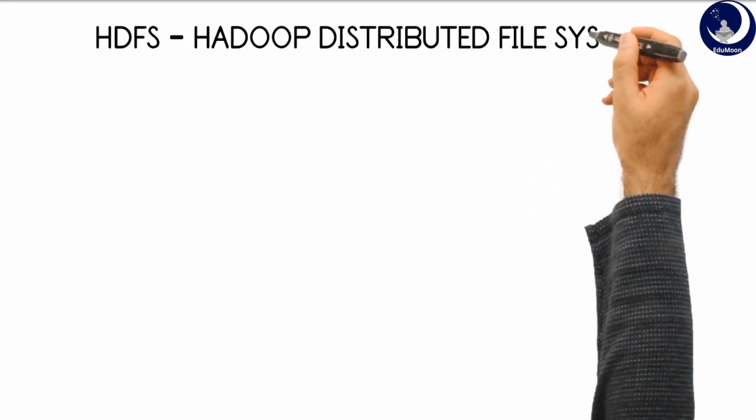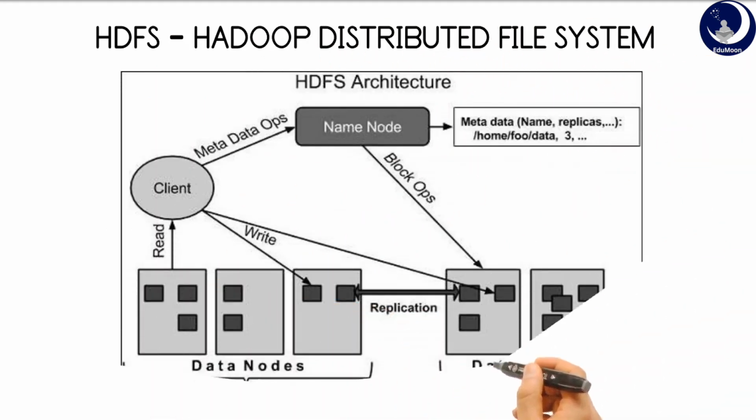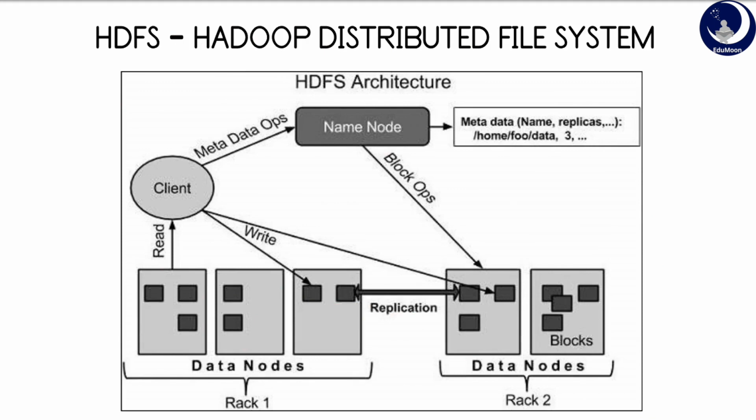As shown in the architecture of HDFS, it follows a master slave architecture. The main elements of HDFS are a name node and a data node. The name node is mainly responsible for handling file system namespaces, client's access to files, and renaming, closing, opening of files and directories.